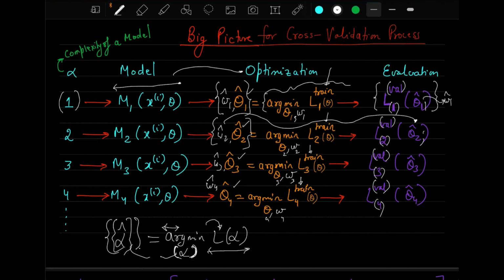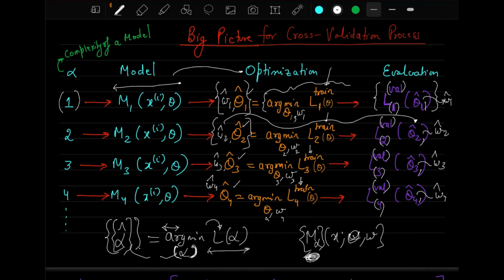So you have to use these values in evaluating this particular validation loss. So this is also w2 hat, this is also w3 hat, and for this it will be w4 hat. Based on the training data set, you have got the values of w1 and theta 1, which are the model's parameters, because the model M alpha has x, theta and w. So you are actually optimizing this model.